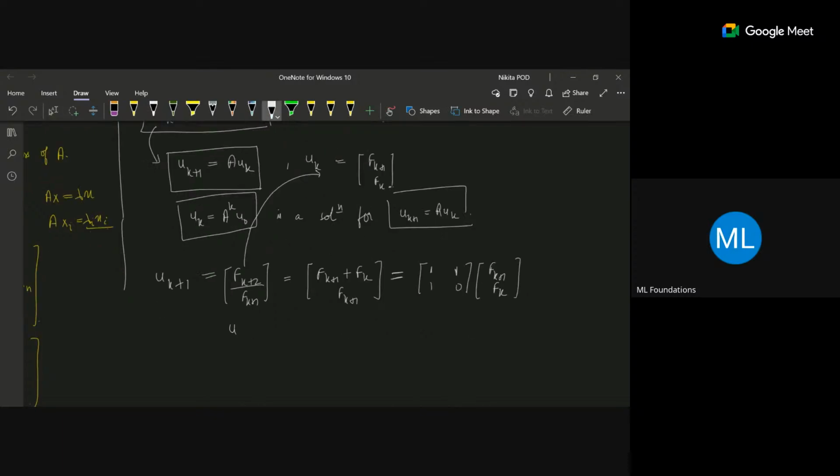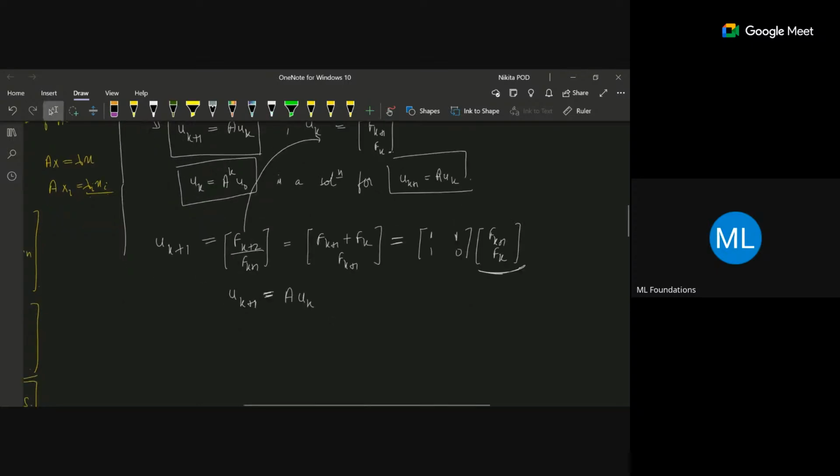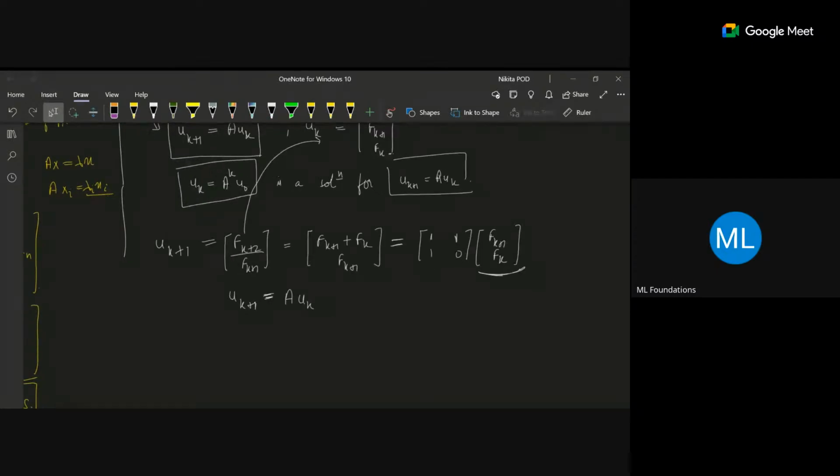So what we got is u_{k+1} equal to some matrix A times u_k. You can see that using this u_k = (f_{k+1}, f_k), we are actually getting u_{k+1} = A u_k. So now we want to solve this difference equation.